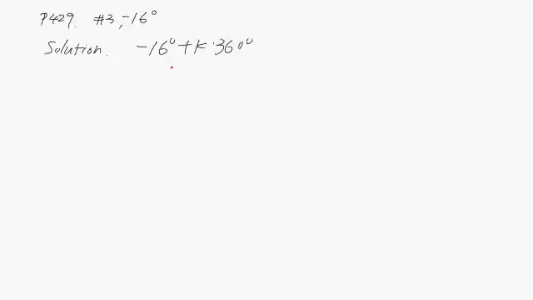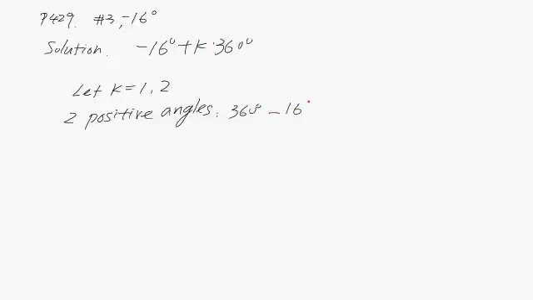So now, first, if we want to get the two positive angles, we may let k equal to 1 and 2. Then we get the two positive angles. So first one is k equal to 1. You have the 360 degrees minus 16 degrees, which is equal to 344 degrees.